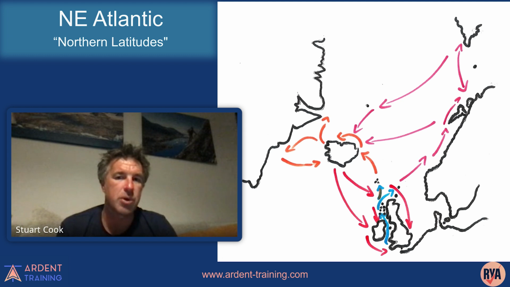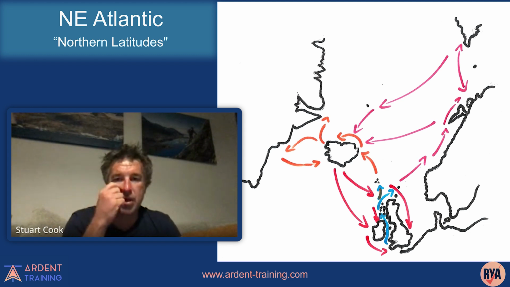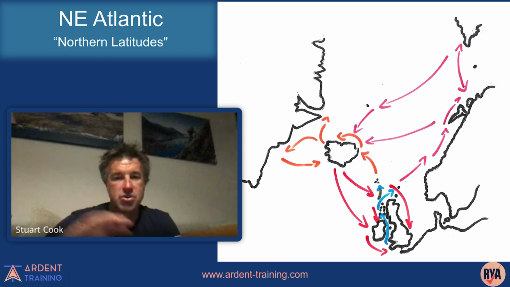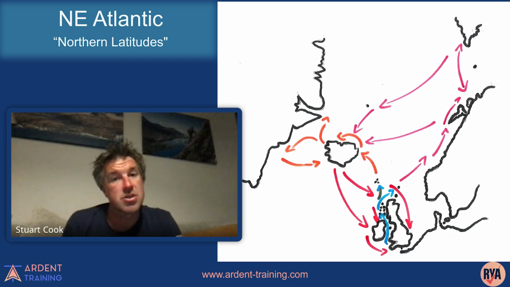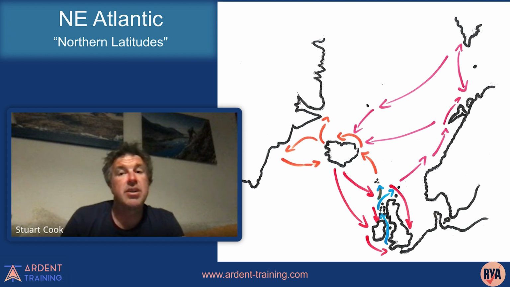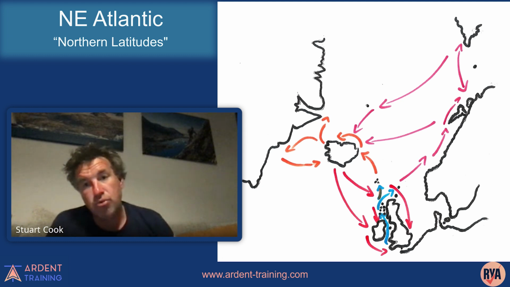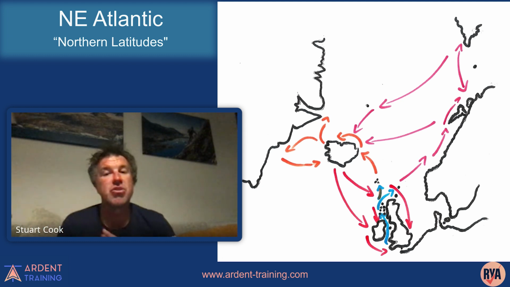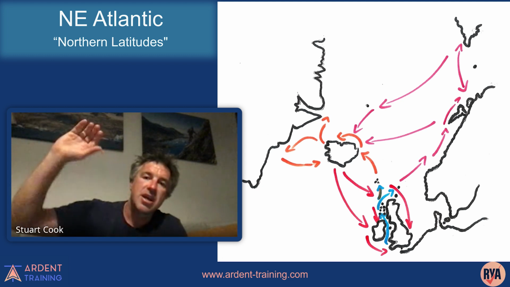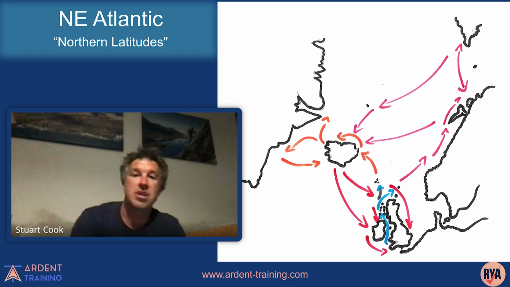If you're coming across quite late, you probably want to be going down the east of the UK, so you're protected from all those winter storms coming across. And that's all driven, again, by our winds and the currents. So that route up to Norway, that's the Norwegian current. The route from Svalbard down to Iceland, that's the polar easterlies, your East Greenland current.